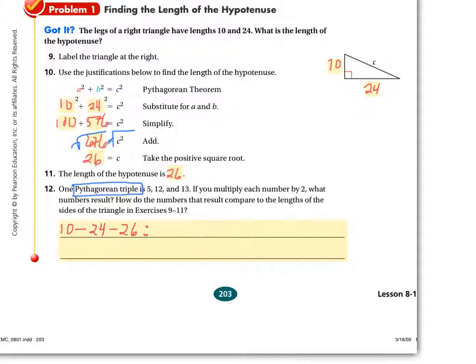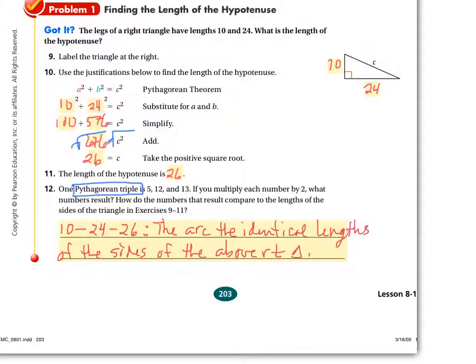So I would write here, these are the identical lengths of the sides of the above right triangle.